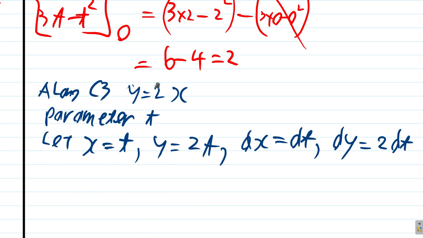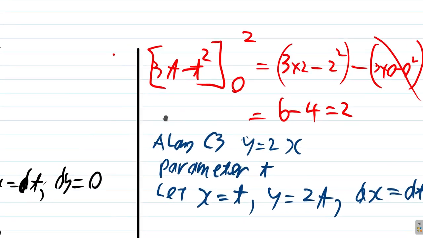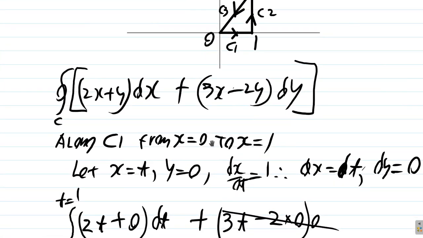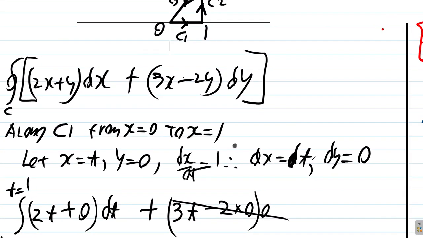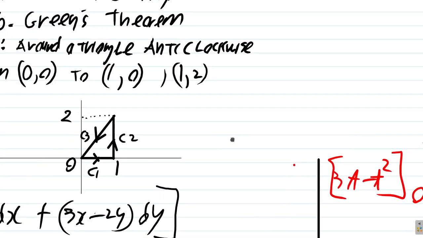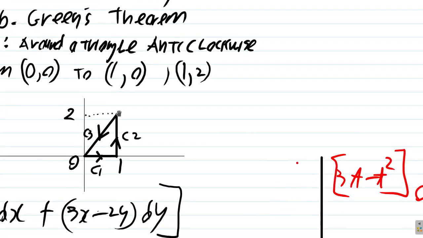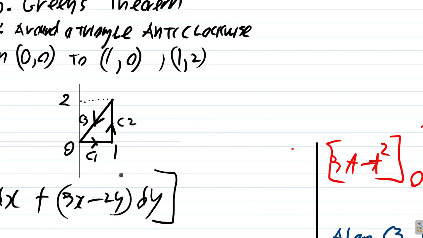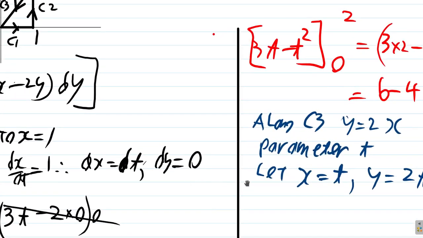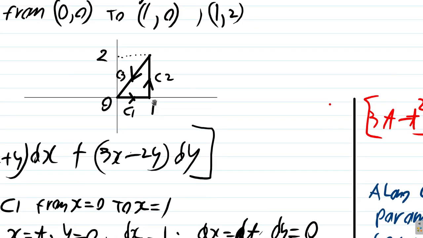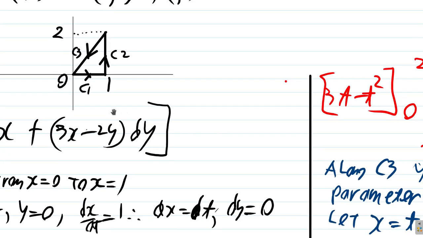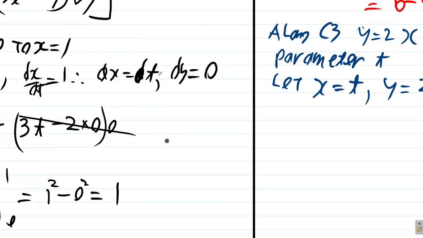So now, let's write down everything. We have the integral. What is t? t is x. So we're going from t equal 1 to t equal 0. If you wrote everything as x dx, it would be from x equal 1 to x equal 0. But x is t, so it's t equal 1 to t equal 0.